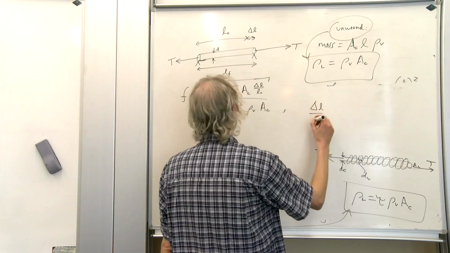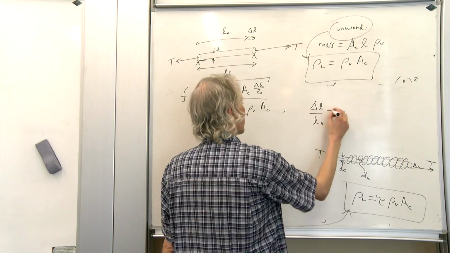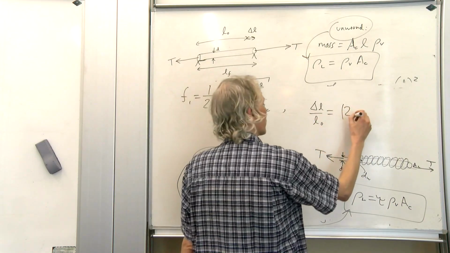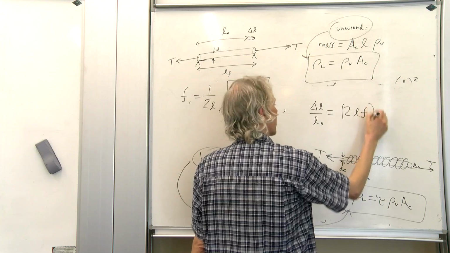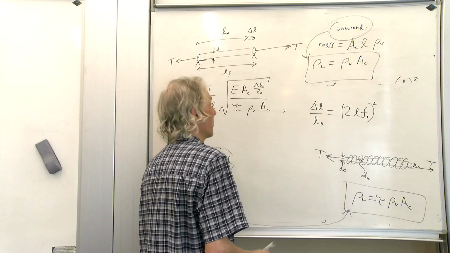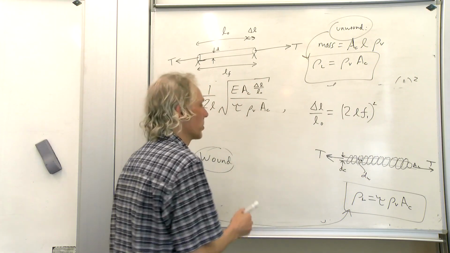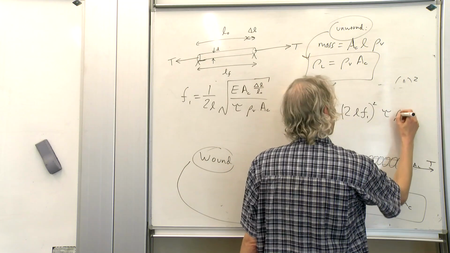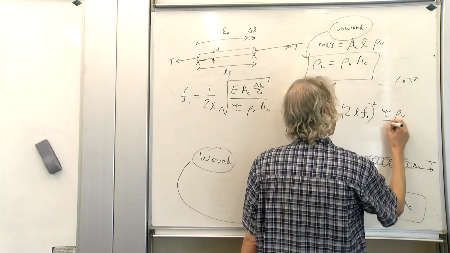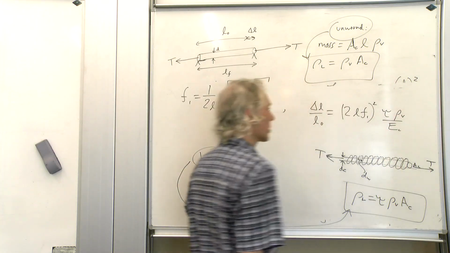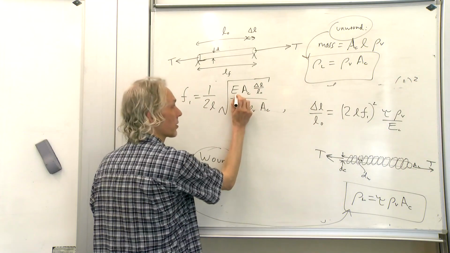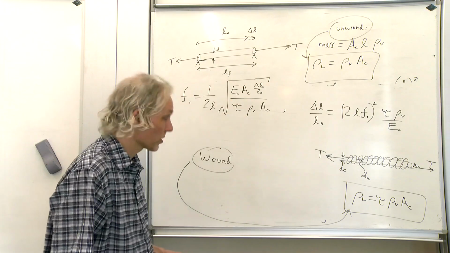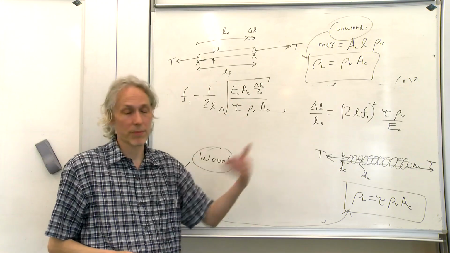delta L over L naught equals, again we've got 2LF squared, but this time we have tau times rho naught V over E. The E we could give a subscript C as well, because actually the Young's modulus of the winding material doesn't matter.